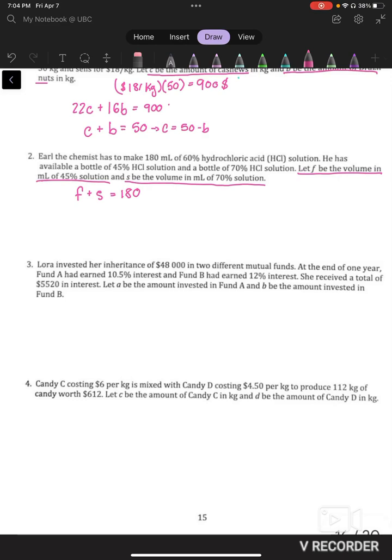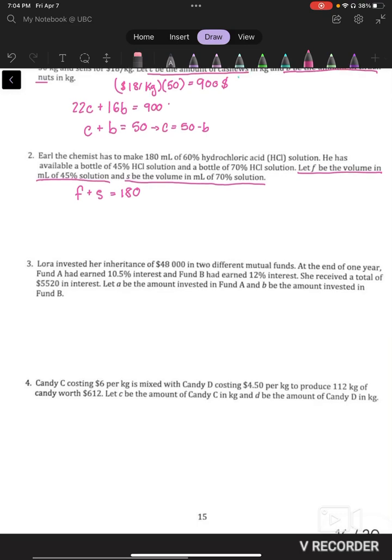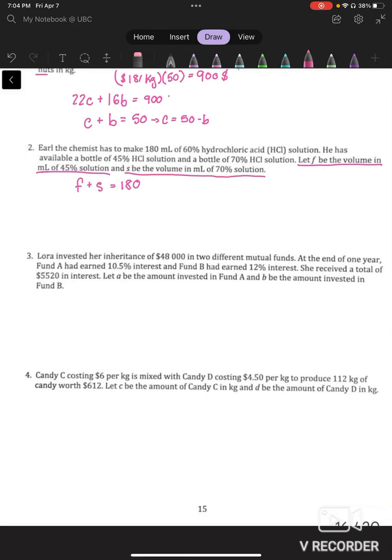For number 2, the amount of 45% solution times 45%. In this problem, you have to write it as a decimal, so it'd be 0.45.